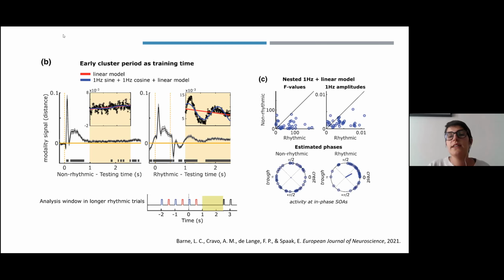And yeah, if you see the estimated phases for this model, the phases are distributed randomly in the non-rhythmic trials, but you see that there is a clear preferred phase for the rhythm.